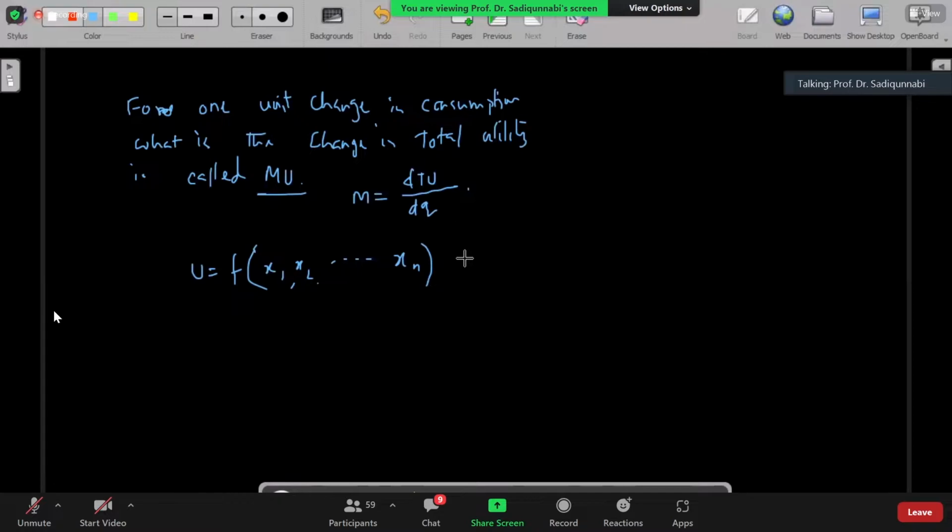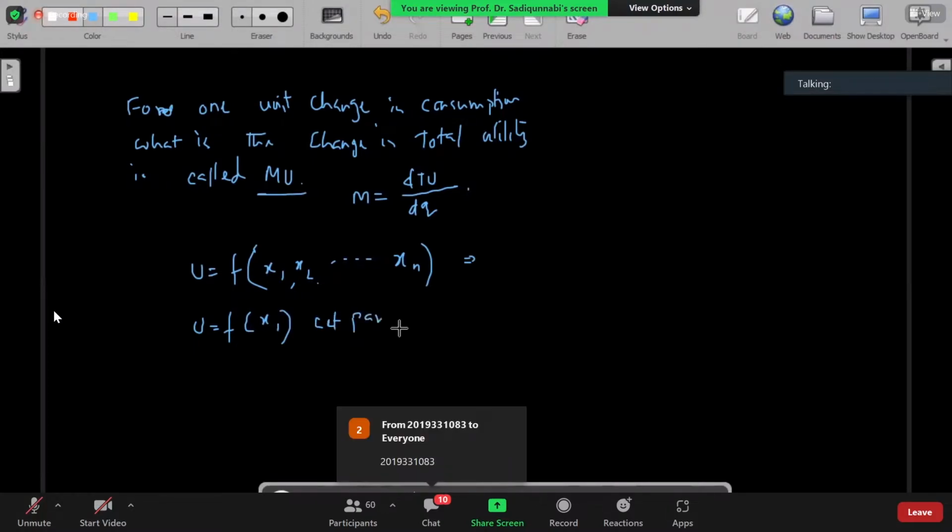Because we are working in two dimensions, we can say utility is a function of x1, ceteris paribus, that means all other goods and services are constant.